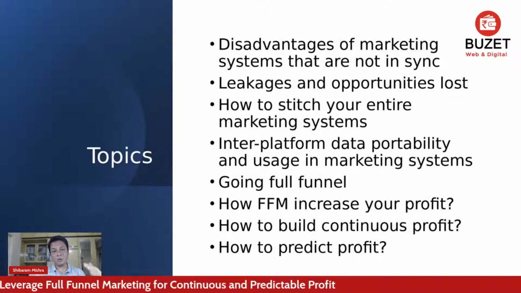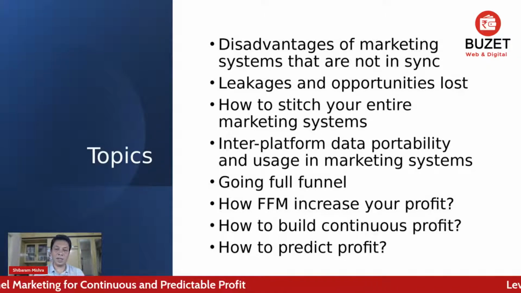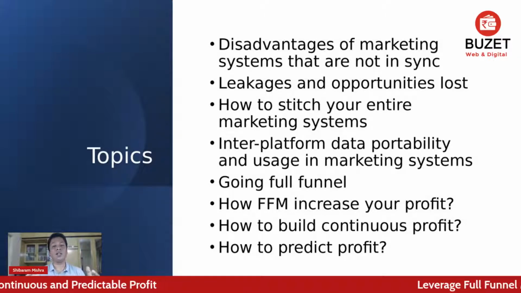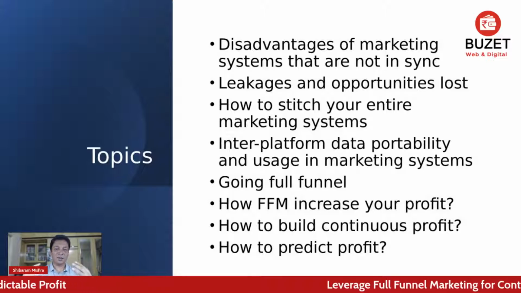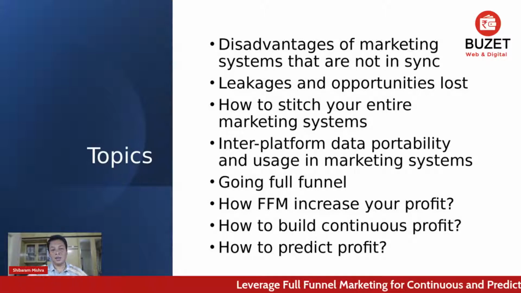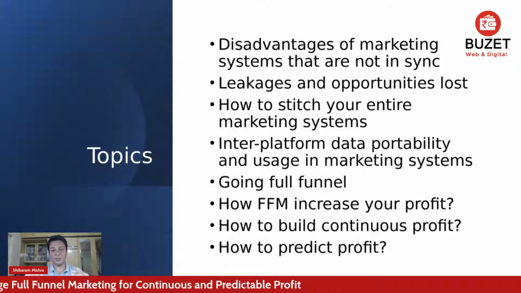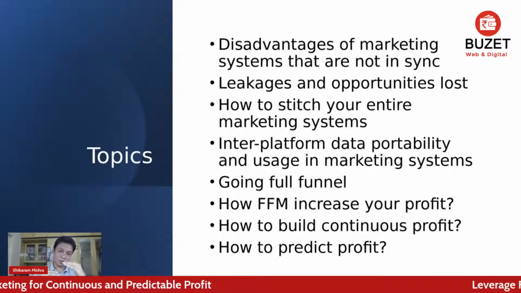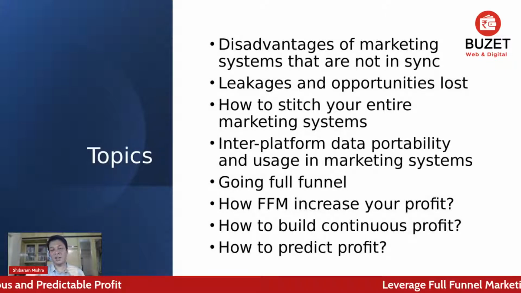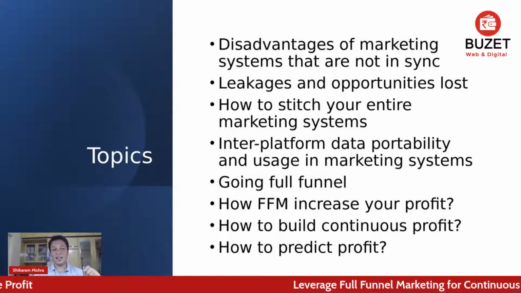Then how to do inter-platform data portability and how you can use it in marketing systems. Then we'll talk about full funnel, the most important part, how full funnel marketing increases your profit. Then the last two parts: how to build continuous profit so you are getting the profit again and again, and how to predict your profit.